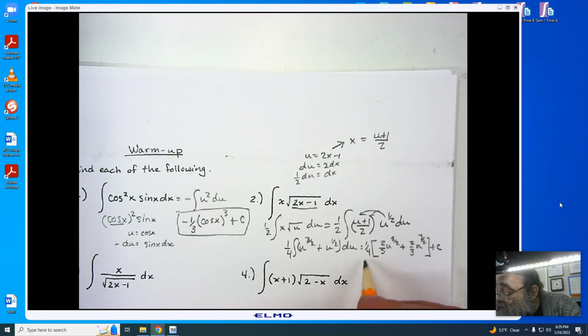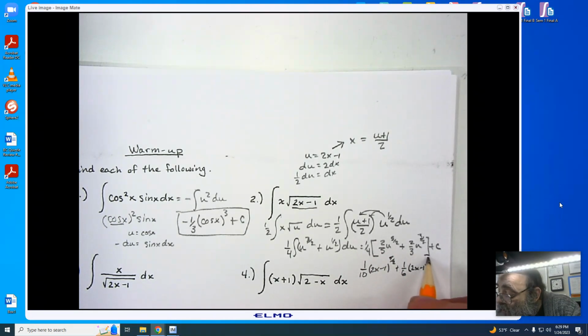We are, however, going to simplify this first piece so that I end up with 1/10, and I'm going to replace my u, 2x minus 1. It's now to the 5/2 power. I then have the distribution 1/6. My u, 2x minus 1, is to the 3/2 power plus c. And that's my answer.